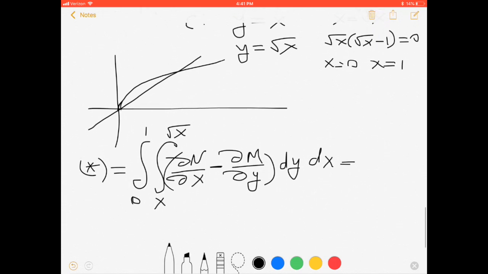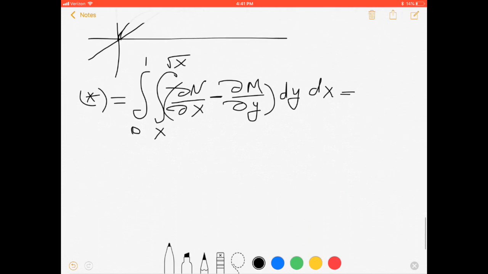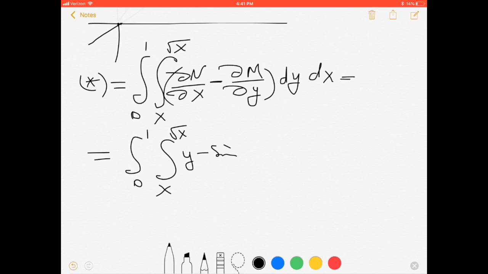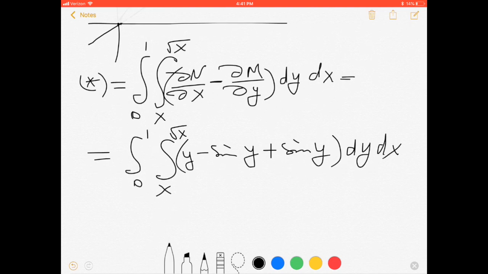What will this be? dn/dx for our situation will be y minus sine y. dm/dy is negative sine y. This means if I subtract, this will be positive sine y. And then I have dy dx.